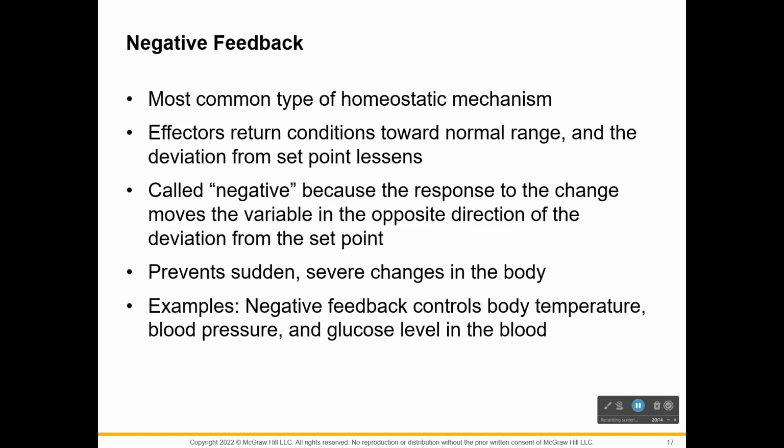And so what happens is these effectors are going to return the conditions more towards normal range and not allow us to deviate too much from a set point. So you should have a set amount of sugar, and you don't want to deviate from that. Your sugar will go high after a meal, and your body responds by lowering it. Your sugar will go low when you're fasting, and your body will respond to that. And that's called negative feedback, because the response is in the opposite direction of the original stimulus.